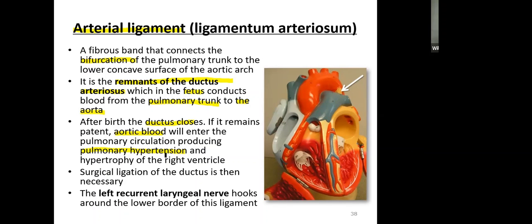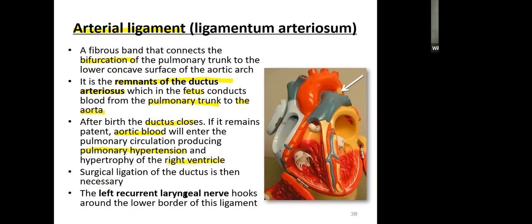It will also cause hypertrophy of the right ventricle, because the blood is mixing and the right ventricle is having to work harder. A surgical ligation of the ductus can be done to manage this.